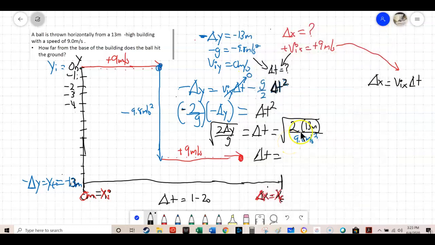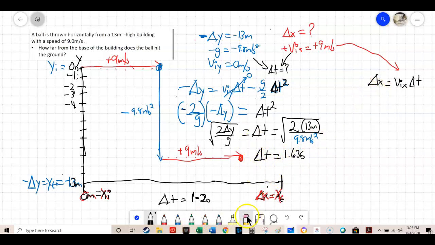So our delta t is going to be 1.63 seconds, which kind of makes sense because we are estimating it to be somewhere between 1 and 2 seconds. So we're pretty accurate in our guess, our estimation of that.